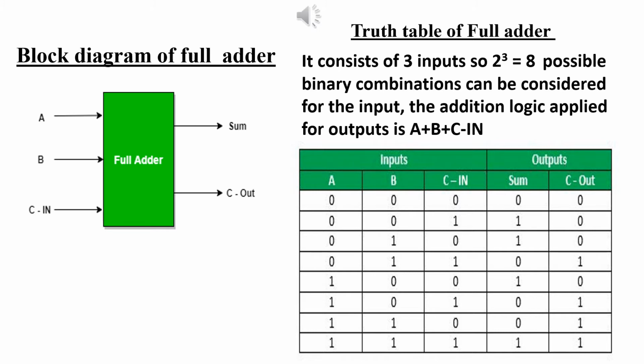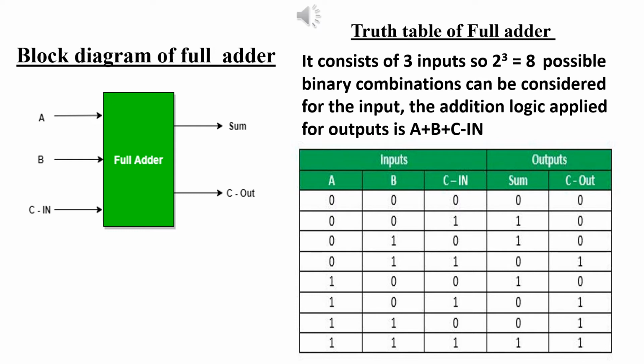Now we will move on to the truth table of the full adder circuit. Already I told you the full adder circuit consists of three inputs. So for obtaining the output parameters, 2 power 3 equal to 8 possible binary combinations of inputs should be considered here. The logic behind the addition obtained at the output is A plus B plus C in. Look at the truth table here.